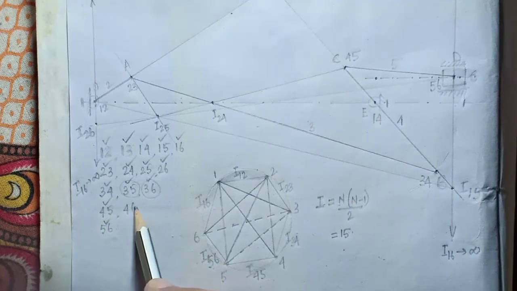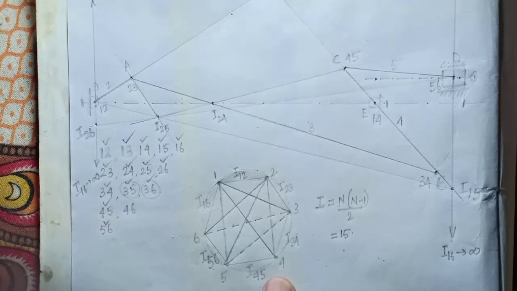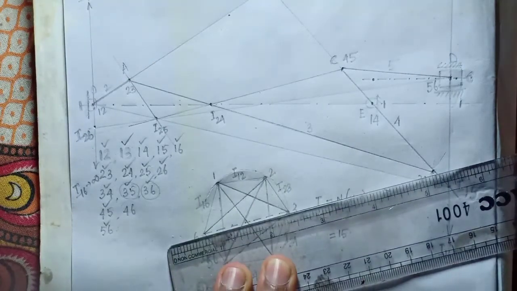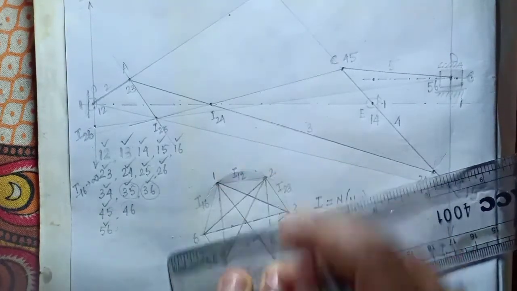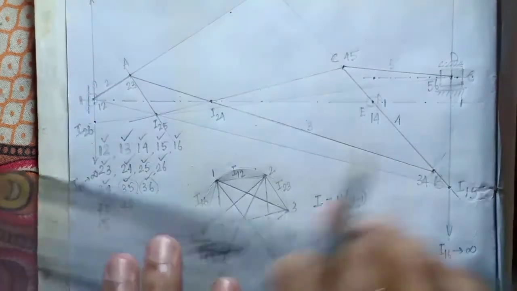So this is the methodology. Now I46. I46 was the one and only remaining instantaneous center. So from 4 point to 6 point, 36 will be known. Remaining part will be 4 to 6.